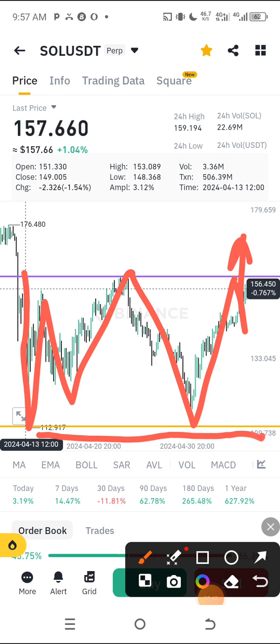Why? Because now the 4 hour is going to align with the weekly time frame. Then you place a buy, and that is going to be of good help, because you are not trading against the trend, but you are following the trend, trading in the direction of the trend, and that's going to help you make money more than losing money.